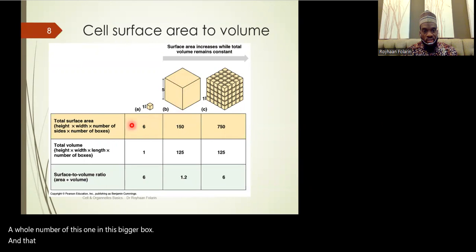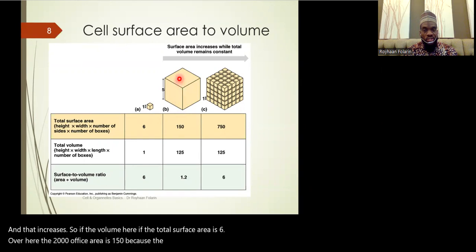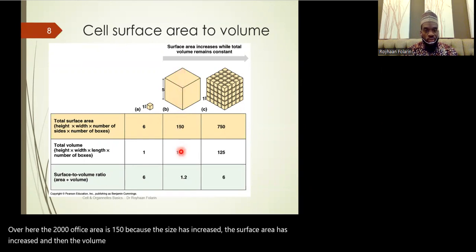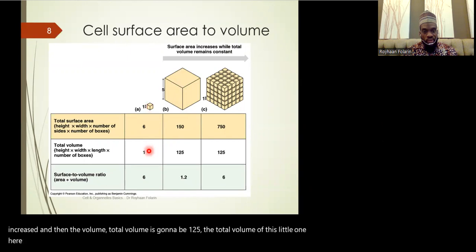If the total surface area here is 6, over here the total surface area is 150 because the size has increased, and the total volume is going to be 125. The total volume of this little one here is 1, okay?